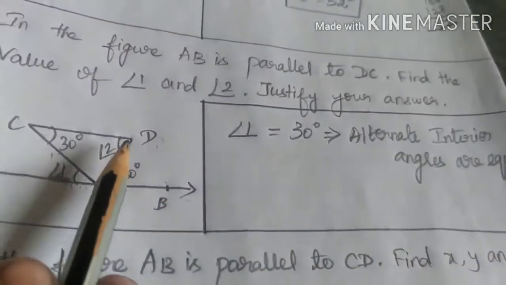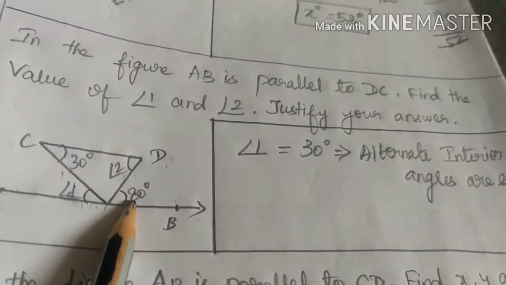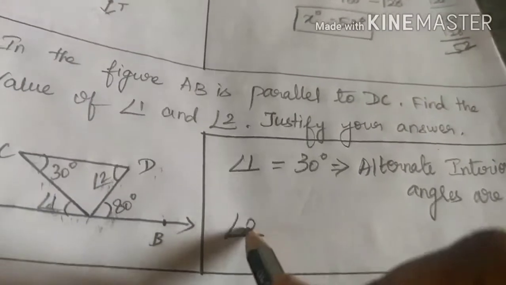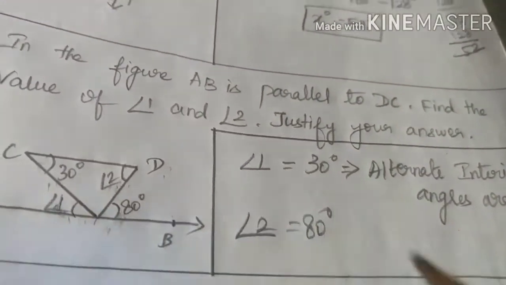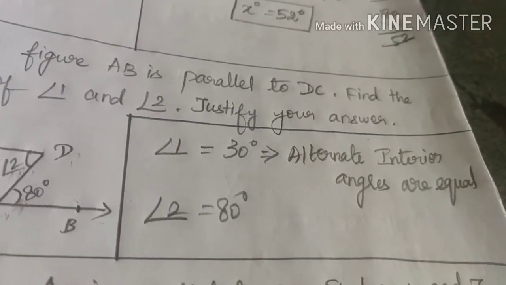Okay வா. ஸோ அதே மாதிரி angle 2 ஓடுது alternate-ல என்ன இருக்கு? angle 2 ஓடுது 80 degree is the alternate interior to the angle 2. So angle 2 equal to 80 degree.